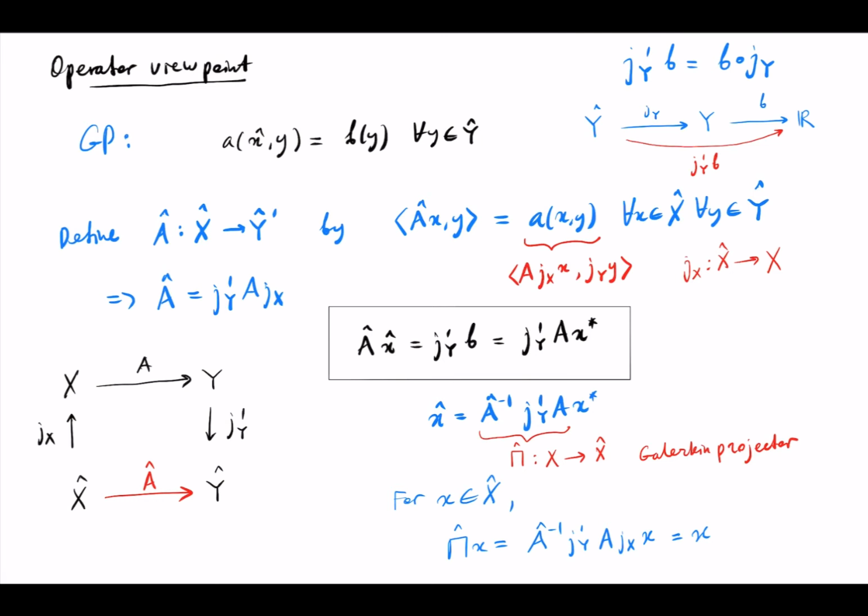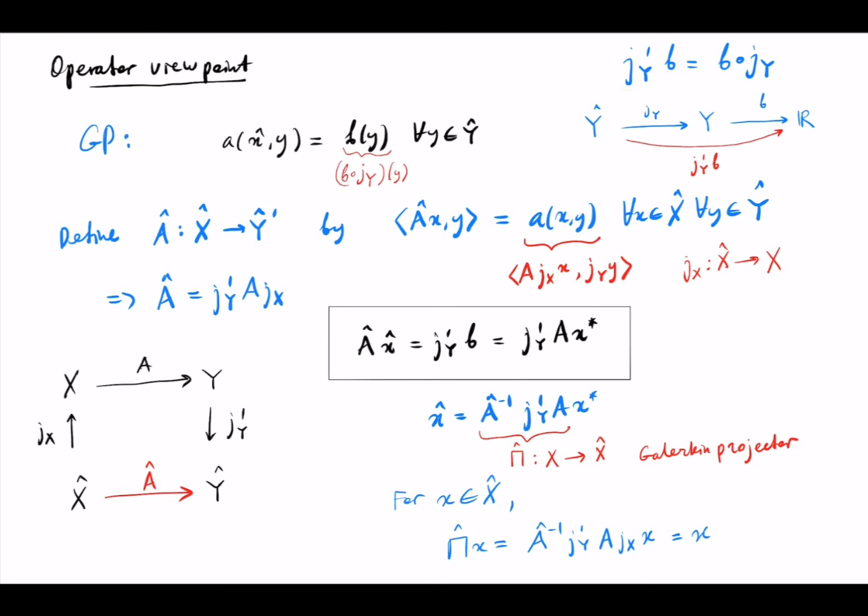Similarly, here we can also write it as b composed with the injection operator Jy applied to y. So this composition, I write here, is simply the transpose of the injection operator applied to b, right?